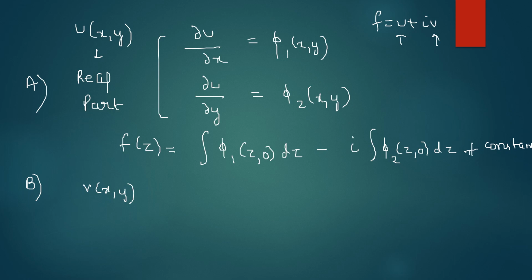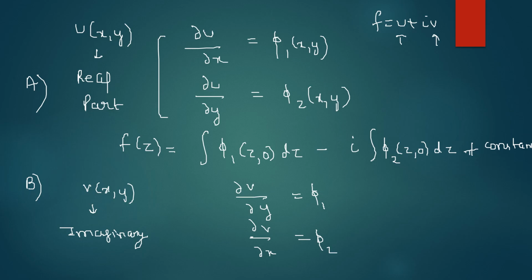So if v(x, y) is given to you, that is the imaginary part, what will you find out? It will be quite similar, but you have to find del v by del y first, then del v by del x, and name them phi1 and phi2 at points (x, y).